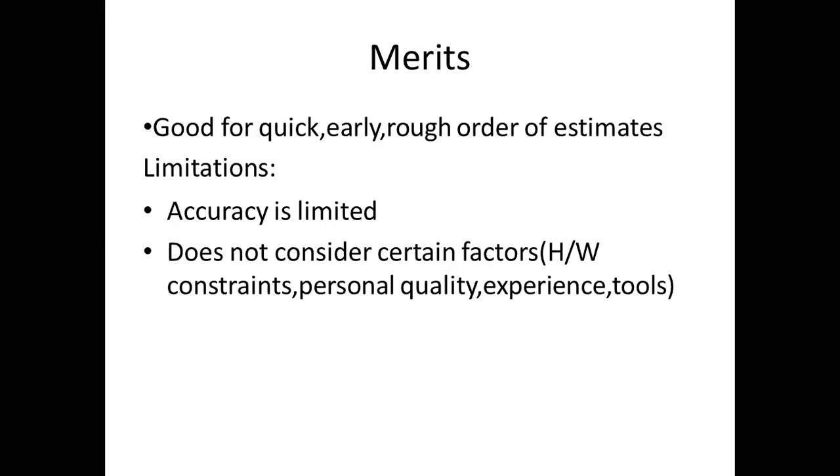It is totally dependent on the programmer. मैं कोड 100 लाइन में लिखूंगी, कोई उसको 1200 लाइंस में लिख सकता है, 1500 लाइंस में लिख सकता है. So these are the demerits, because it is not considering hardware constraints, personal quality, experience or tools.